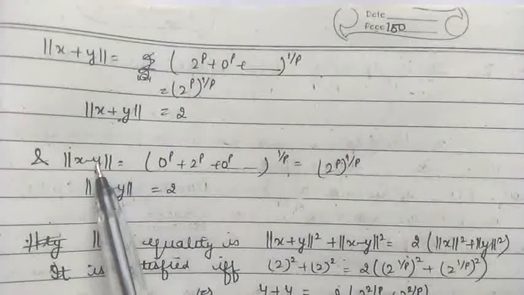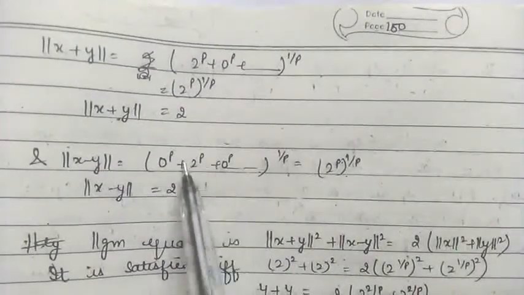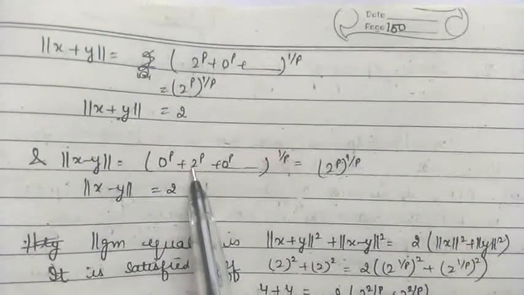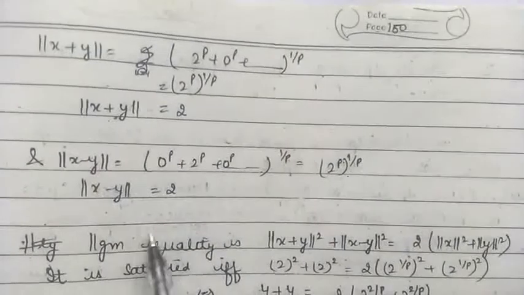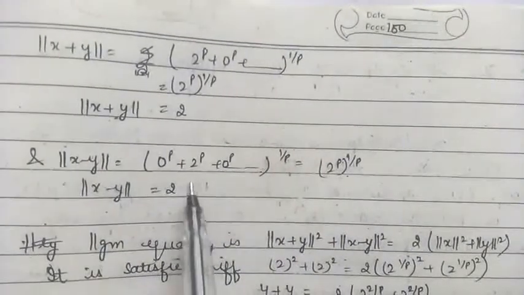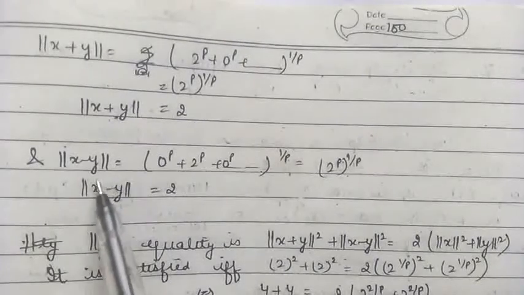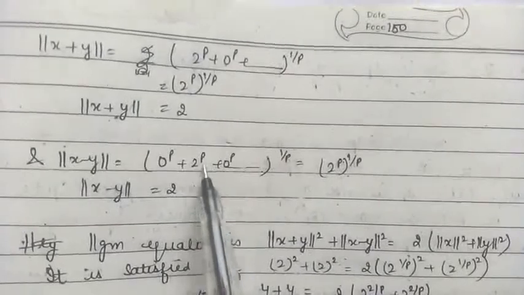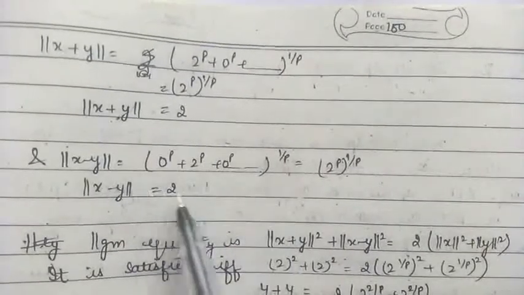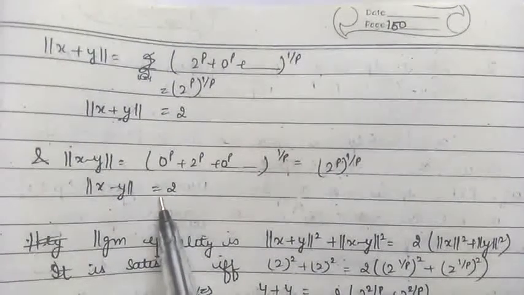Now the norm of x minus y: in x minus y the second coordinate is 2 and all the other coordinates are 0. So by definition of norm, the norm of x minus y will be (0 raised to the power p plus 2 raised to the power p and so on) whole raised to the power 1 by p. So we get the norm of x minus y is equal to 2.